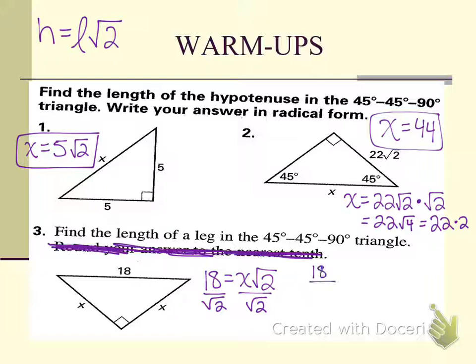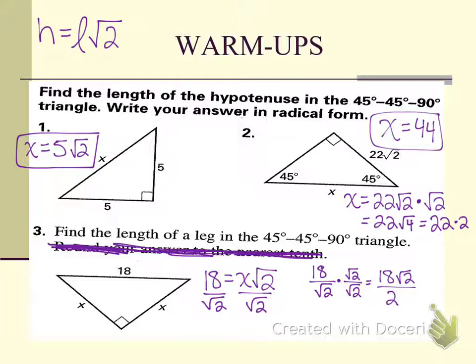Over here, I'll work on my rationalizing. What do I multiply by to get rid of that radical in the denominator? Root 2 over root 2. Good. The top is just 18 root 2. What does the denominator become? Root 4, and the square root of 4 is 2.